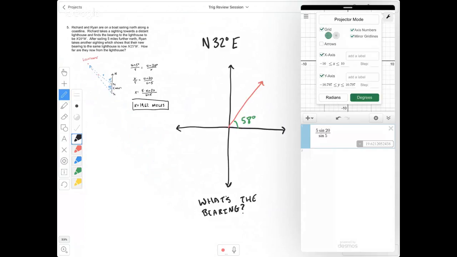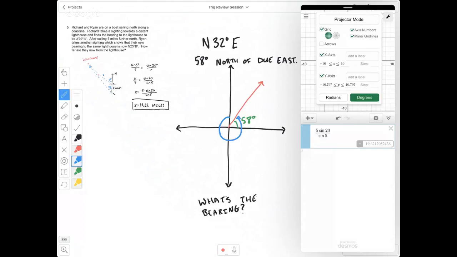Now, another way that our snapshot writes these same bearings is like 58 degrees north of due east. That's another perfectly reasonable way to talk about that bearing. Also, we had another group of problems in our snapshot where all of the bearings are away from due north.